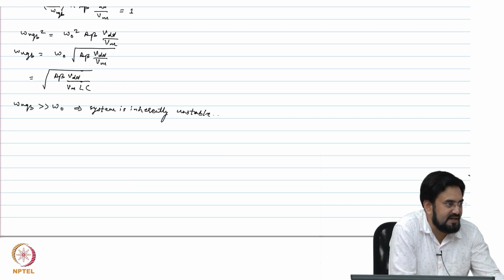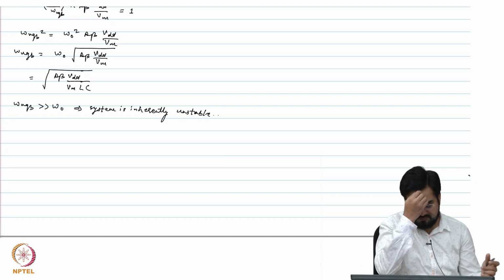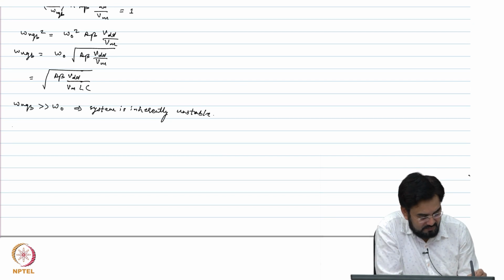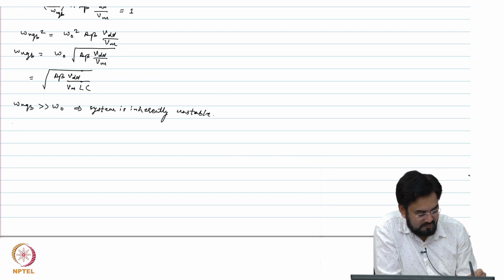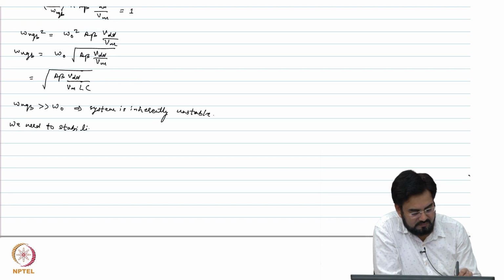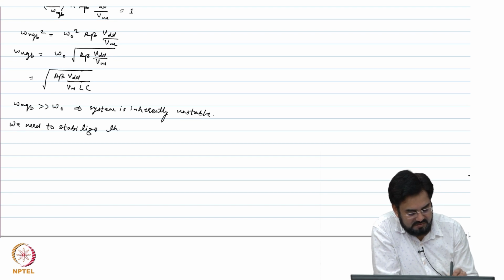Okay, for DC it is fine, but for AC you know it is unstable. So, inherently this is an unstable system, we need to stabilize it.